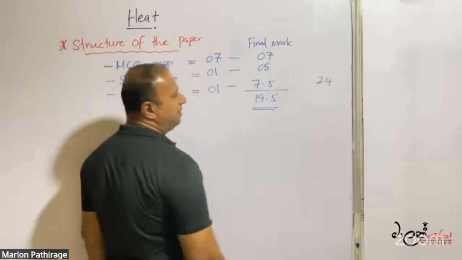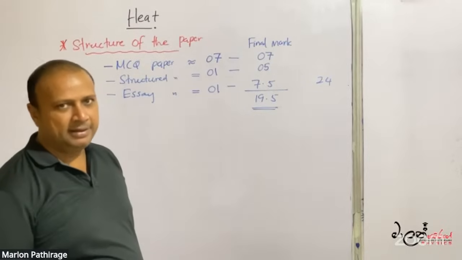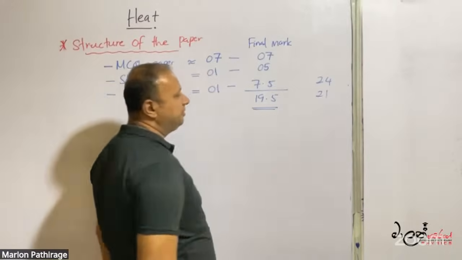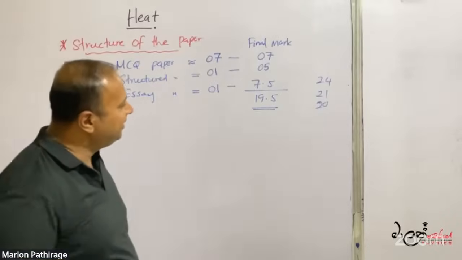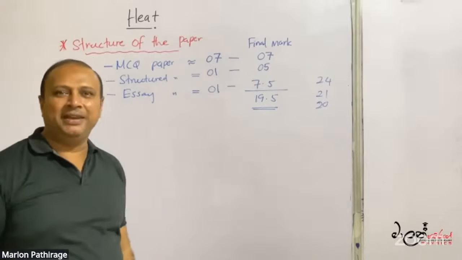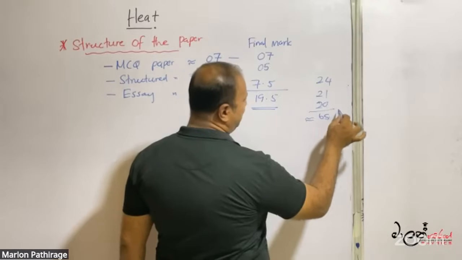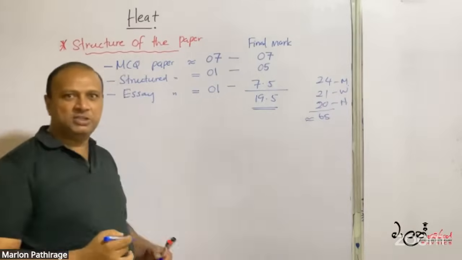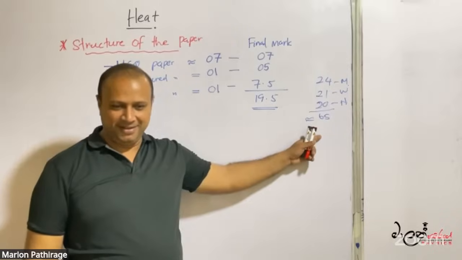Then waves, there are about 21 to 22 marks, approximately 20. Altogether approximately 65 marks. Mechanics, waves, heat. If you consider mechanics, waves, heat, actually you can take a B pass.